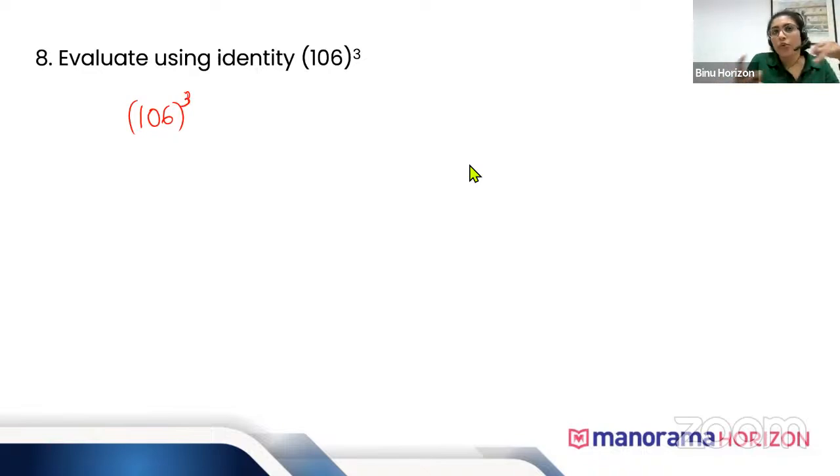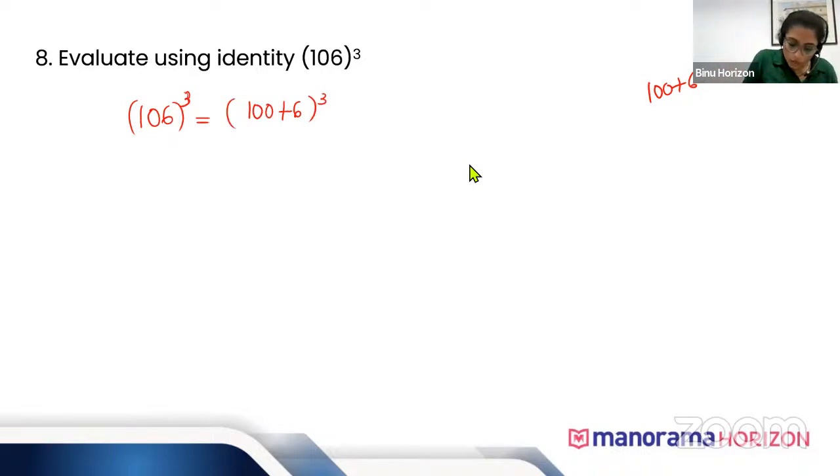That means you have cubes. The identity is related to cubes that you have already learned. So something related to that you have to apply here. Now what is this 106? Actually 100 plus 6. So I can write it as 100 plus 6, the whole cube. I just split 106 into two parts, that is 100 plus 6.